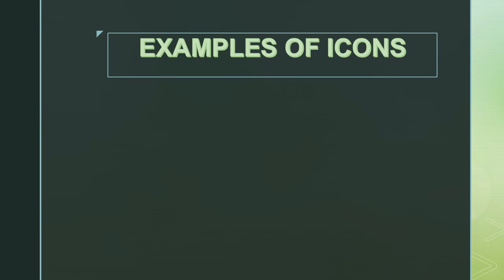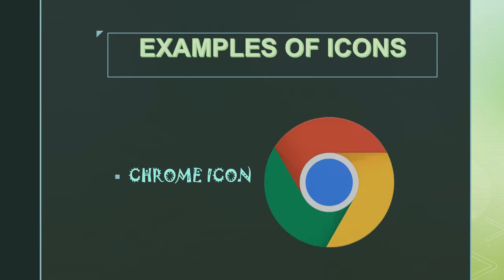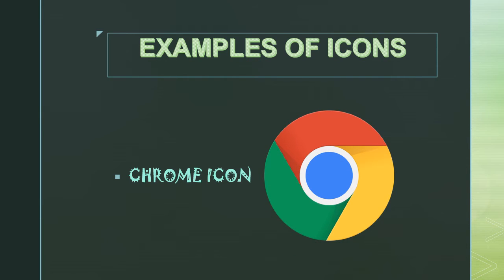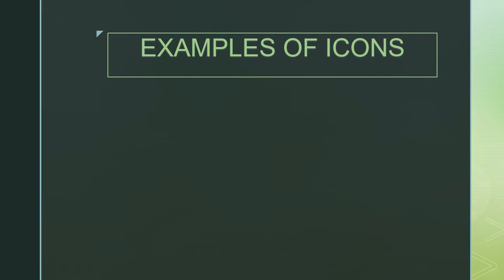Let us see some of the examples of icons. Chrome icon. How does the Chrome icon look like? It looks like this. Everyone must be having the icon of Chrome on your desktop screen. Second icon is of downloads.